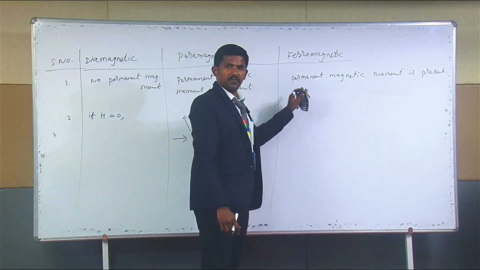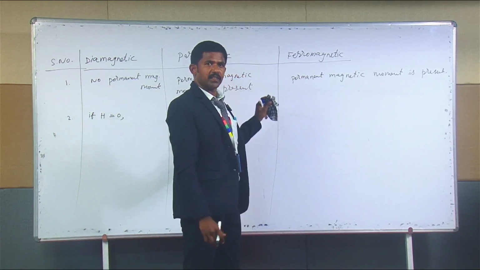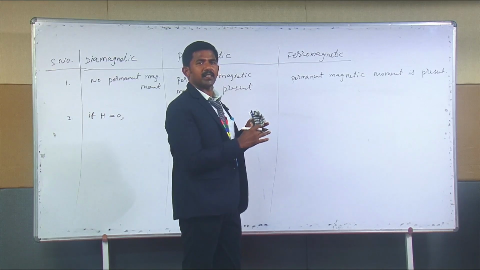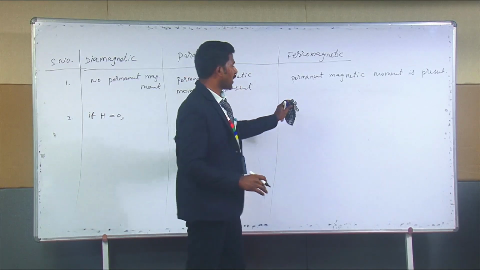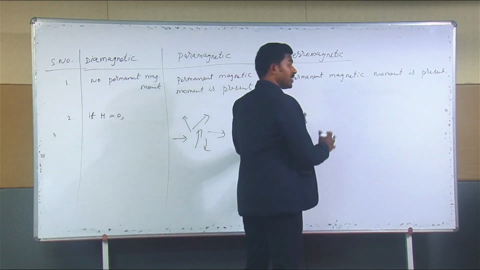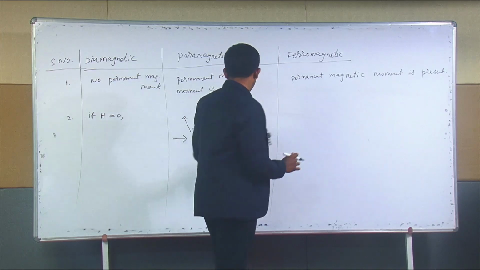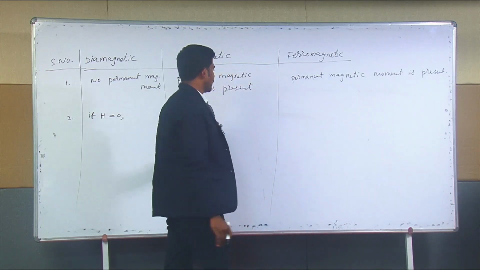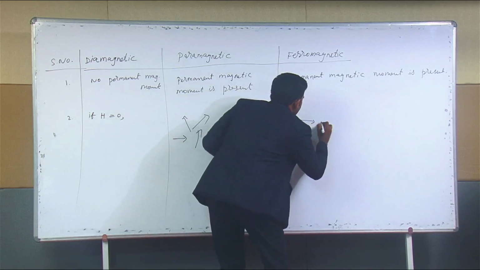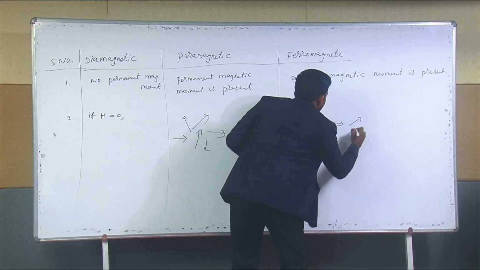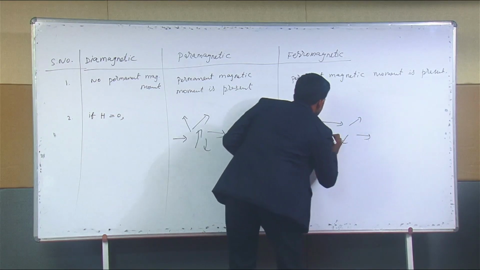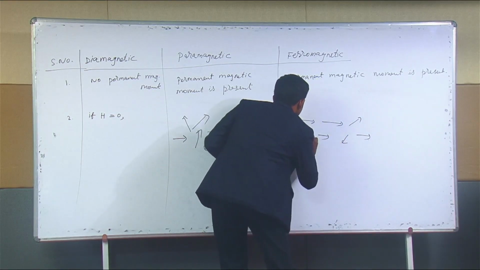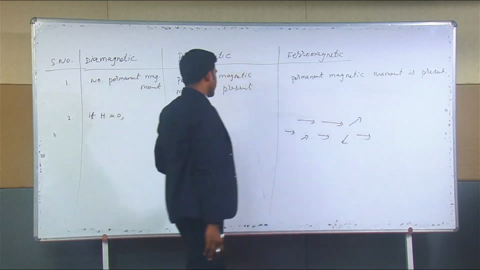In the case of ferromagnetic, since it has domains and an intrinsic magnetic moment, the spin alignment will be there. So it is not random. Something like this.